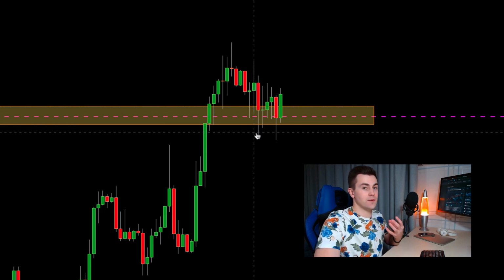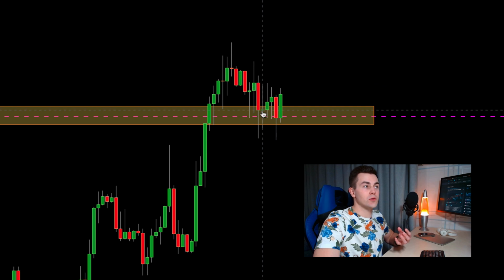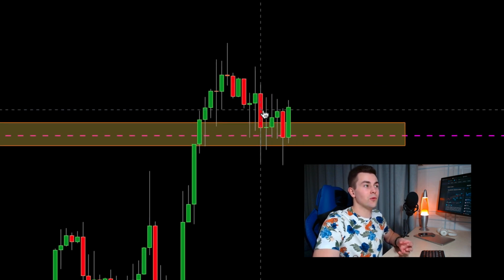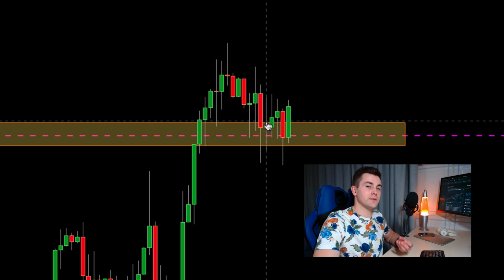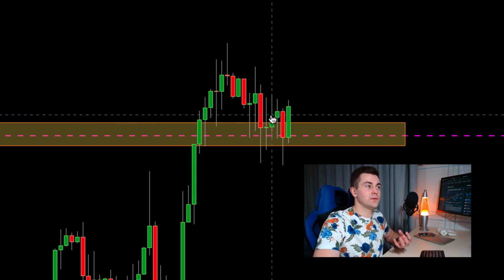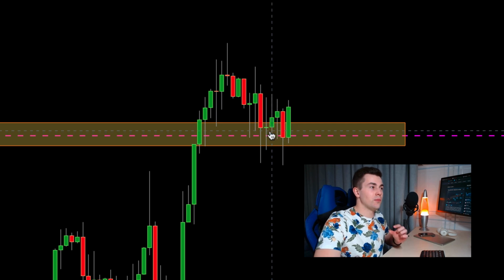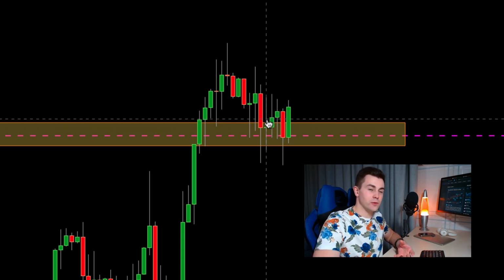It signifies that some traders are still willing to buy, and even though we saw a local bearish movement right here, buyers were still buying. And moreover, after that, over here we formed a very nice doji candle. A doji candle once again is a very nice bullish clue. It signifies the equilibrium between the buyers and sellers, and again for us, for trend followers, it is a good sign.